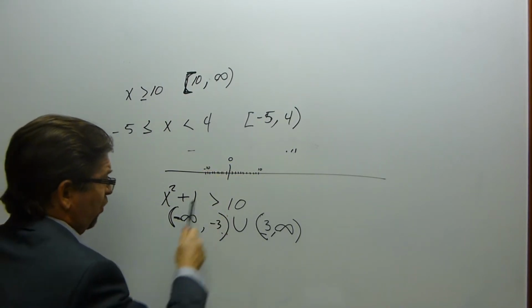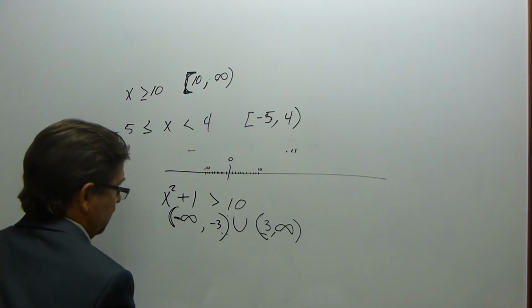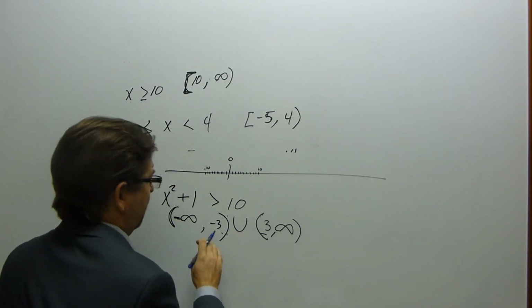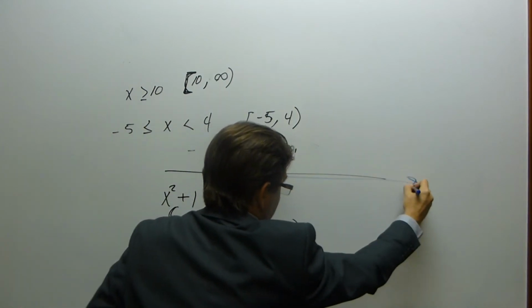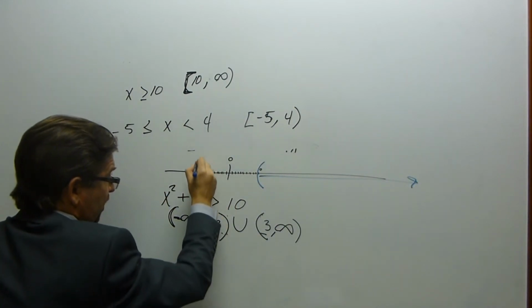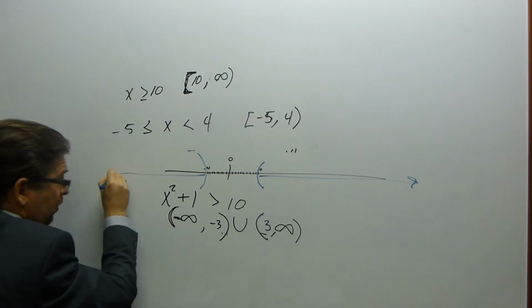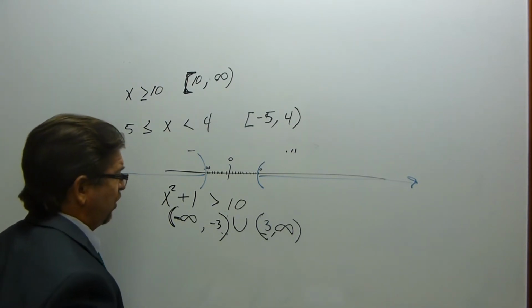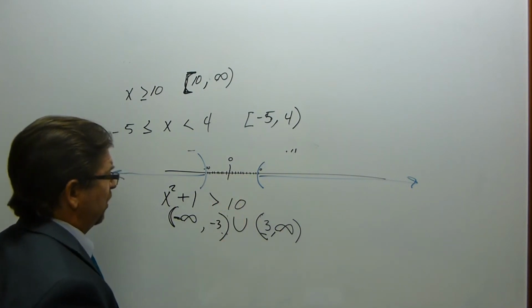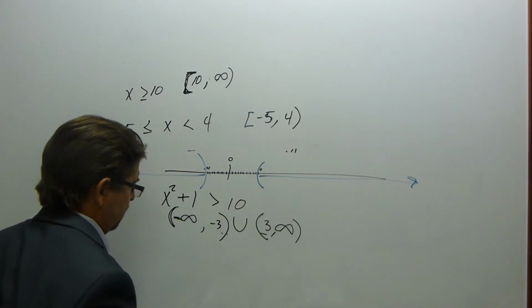Okay, and of course the numbers go higher and lower on either side. So if we have greater than, then we'll have a parenthesis here and go off to infinity. Right here likewise we'll go off to infinity. So basically the only thing we're saying we don't have is this area right here. Include both these sides though.